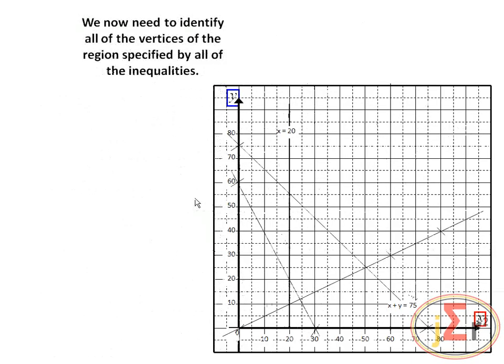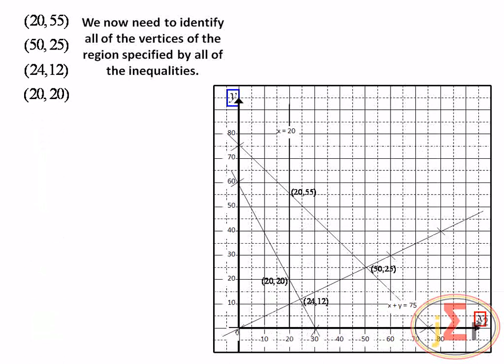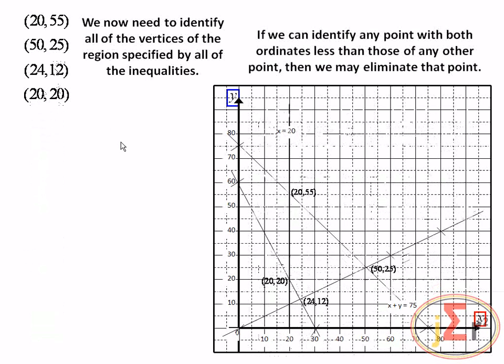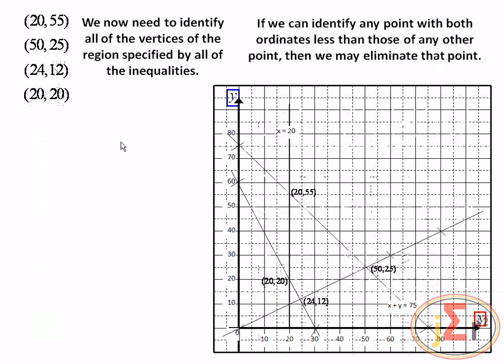We now need to identify all of the vertices of the region specified by all of the inequalities. So vertices, and we have them right there. Also they are in the diagram, and they are also on our answer sheet right here. If we can identify any point with both ordinates less than those of any other point, then we may eliminate that point.